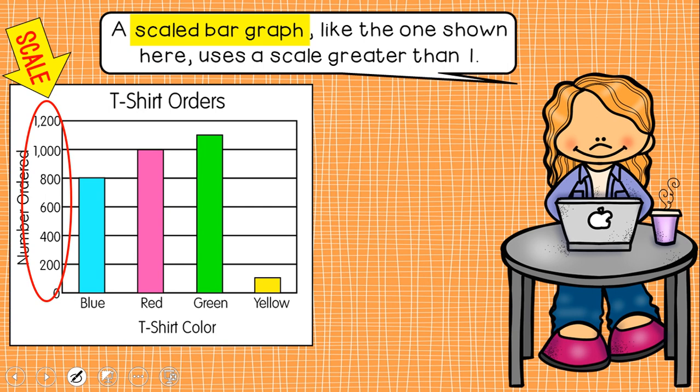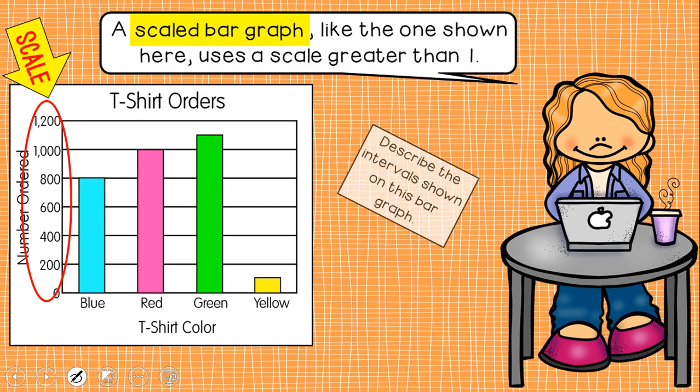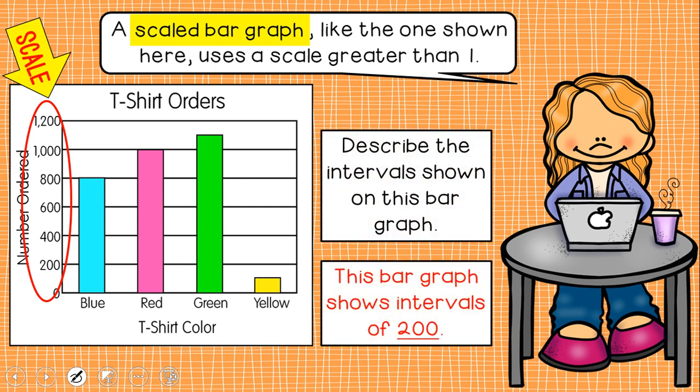Now in this one, this is called a scaled bar graph. And it's like the other one that we have, but this one, it goes up in 200s, okay? So each line or each row is 200. So in between, it's gonna be 100, then we have 200, 300, 400, 500, 600, 700, 800, 900, 1,000, 1,100, okay?